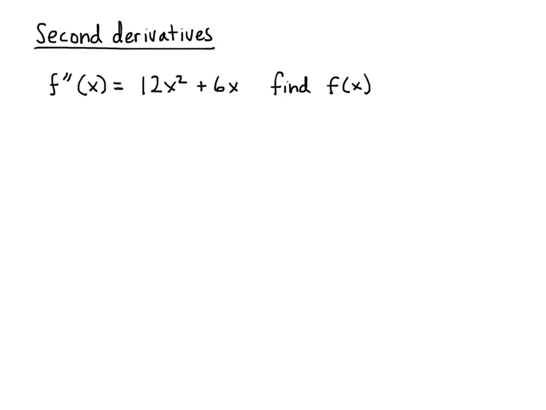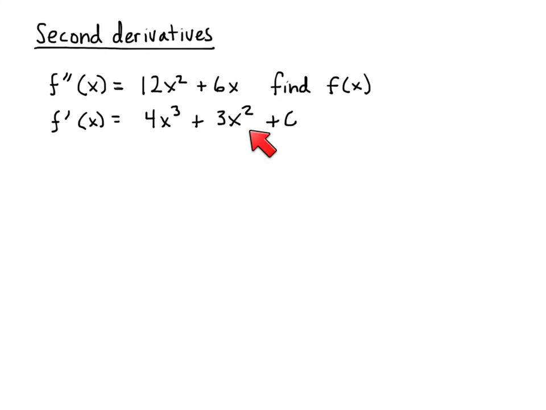So for this one here, the new exponent is 3, and then times 1/3 this coefficient, so I get 4. So take the derivative of this just to convince yourself it's right. The derivative would be 3 times 4x squared, so that's exactly what we want.